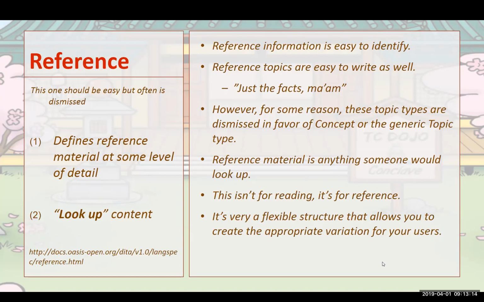It is for reference. Reference is probably one of the most flexible structures because it lets you have sections. Sections do not equate to level heads, depending on your publishing tool. But if you're using a section and you're not creating an equal topic that is embedded as a level, then you're telling the tool, you're telling DITA, that it's not as important.